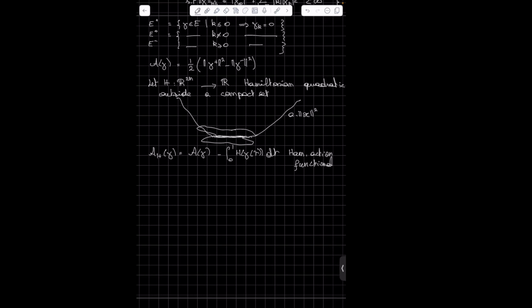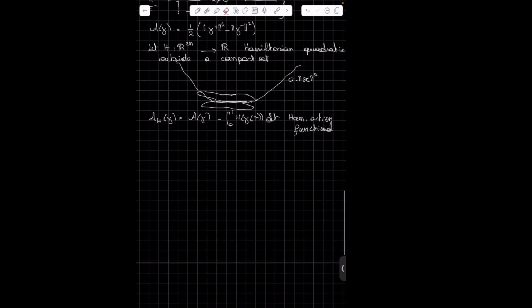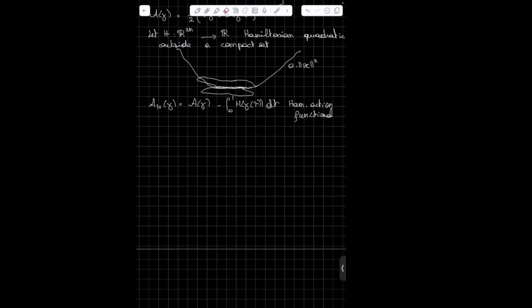And why do we go to H^{1/2}? Because we are interested in the Hamiltonian action functional, and it has a gradient flow, and H^{1/2} is the space where the flow is complete. That's why we go to H^{1/2} and don't stick to a nicer space. That's kind of the key.